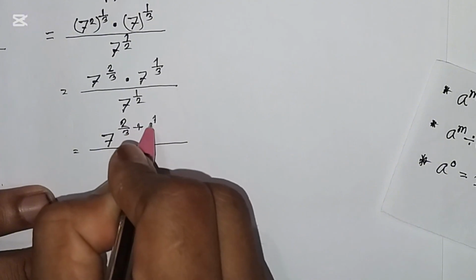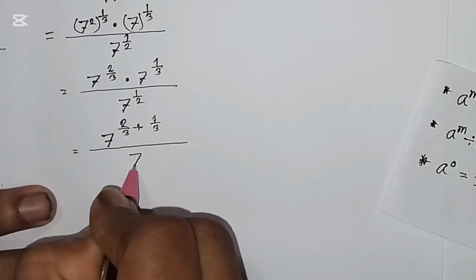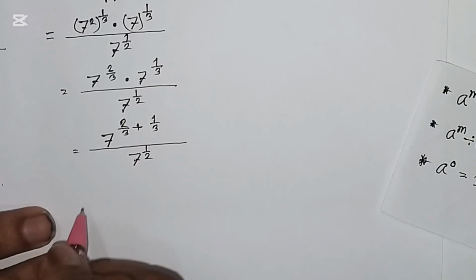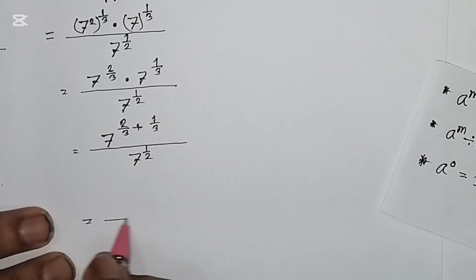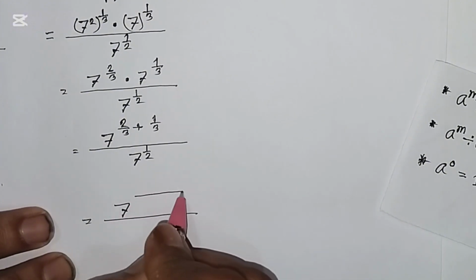2 by 3 plus 1 by 3, by 7 power half. Seven power.